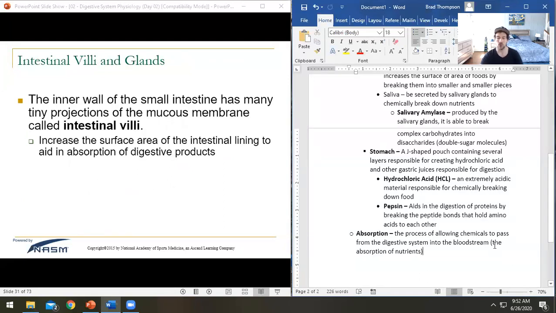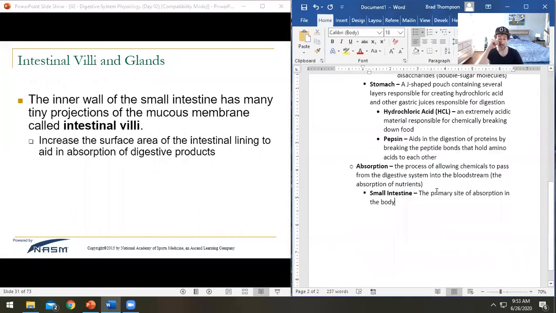So absorption is primarily going to take place in the small intestine, which is the primary site of absorption in the body, right? Now, your small intestine, like I said, is this big, long, kind of empty tube.